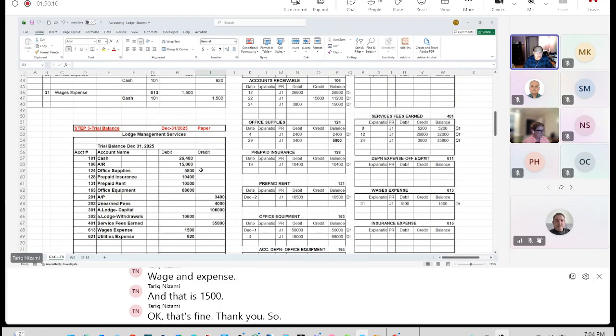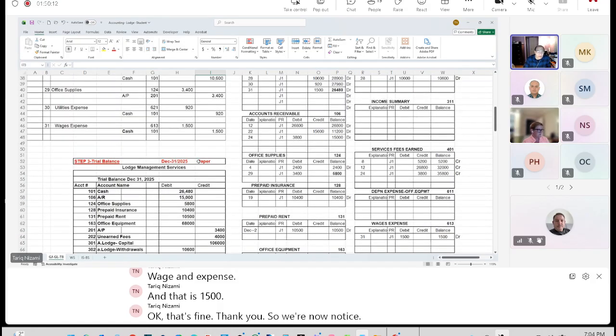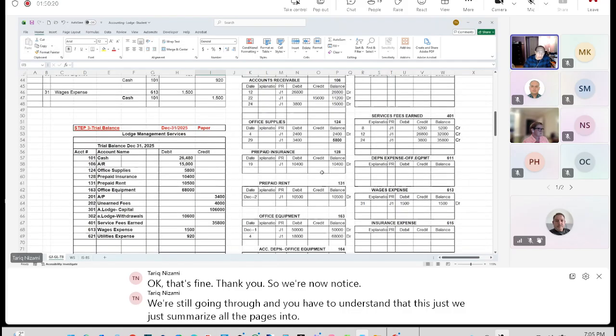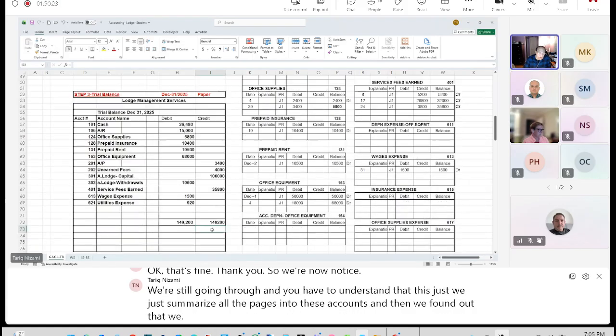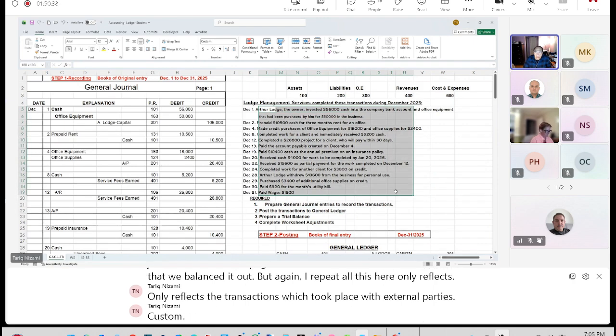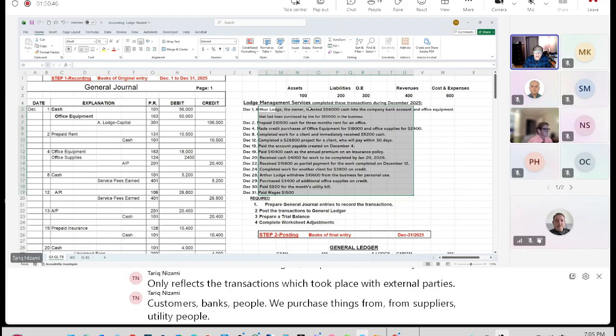So notice we're still going through, and you have to understand that we just summarize all the pages into these accounts, and then we found out that we balance it out. But again, I repeat, all this here only reflects the transactions which took place with external parties, customers, banks, the people we purchase things from, suppliers, utility people, whatever happened.